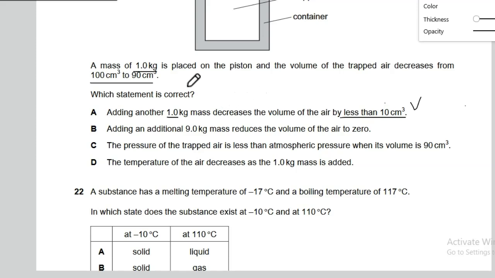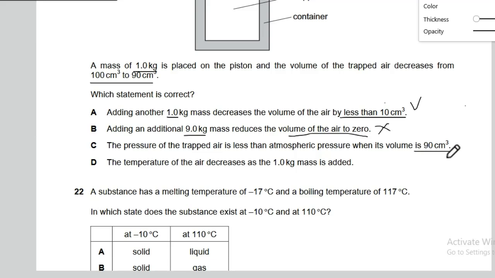Okay, option B. Adding an additional 9 kg mass reduces the volume of the air to 0. So this is not possible because the air will never be of 0 volume. Option C. The pressure of the trapped air is less than atmospheric pressure when its volume is 90 cm3. So that's not true because when the piston was frictionless with no weight on top of it, the pressure inside was equal to the atmospheric pressure.